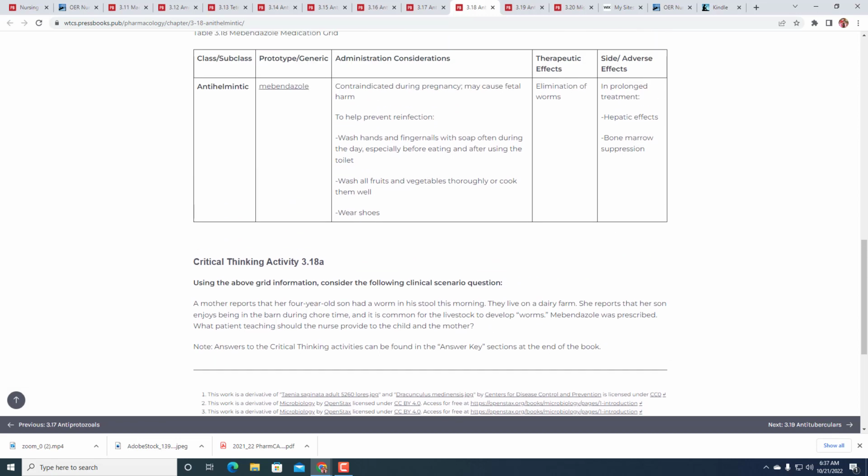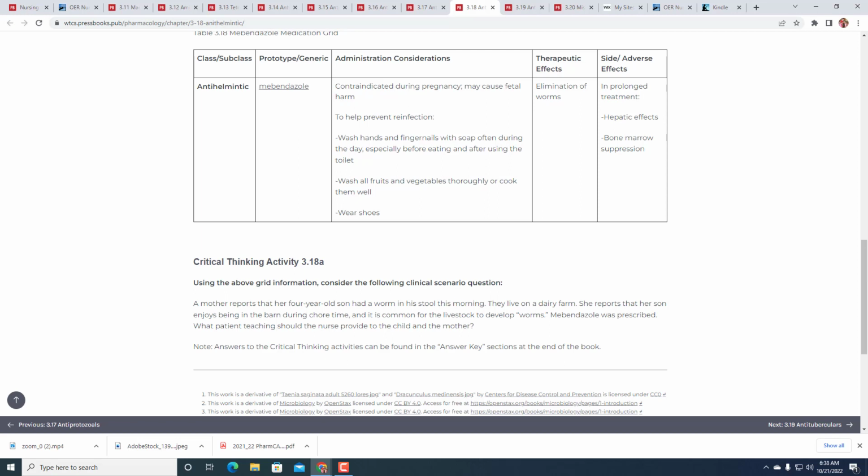Okay, so let's just start with what we should be telling the patient. You want to prevent reinfection for sure, and so really making sure that they're washing their hands, washing fruits and vegetables, wearing shoes, so that kids don't always wear shoes, especially when they're kind of just playing around with things.